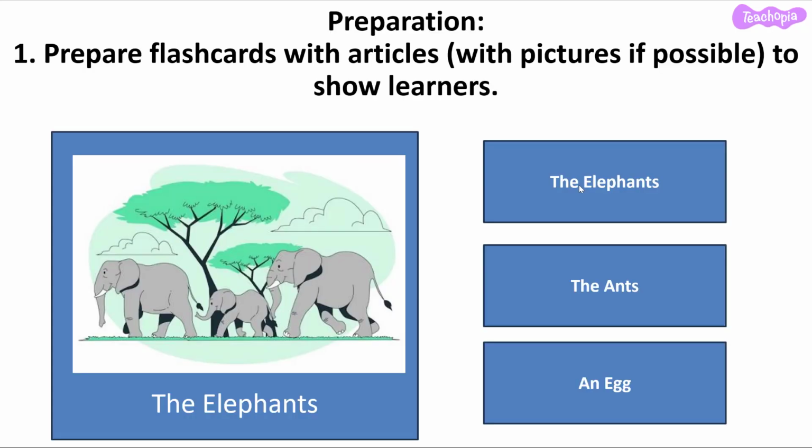To prepare for the activity, you will need 2 sets of materials. 1. Flashcards with articles used along with the correct word. Now, flashcards that include images of the words would be more effective, especially for young learners.